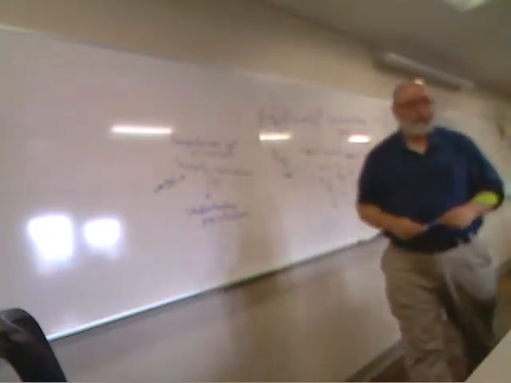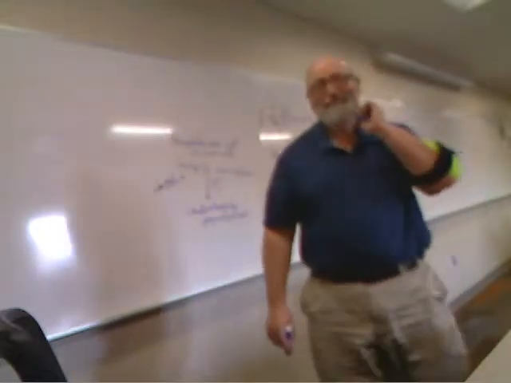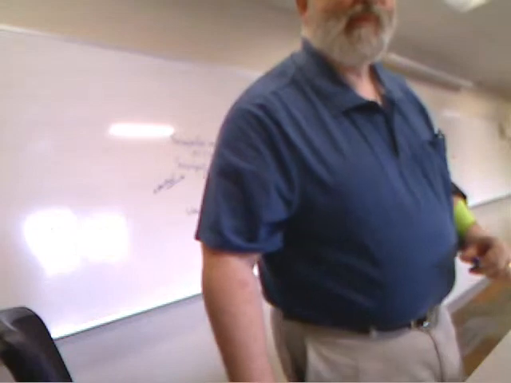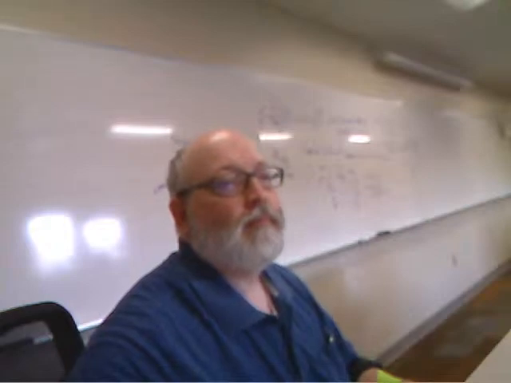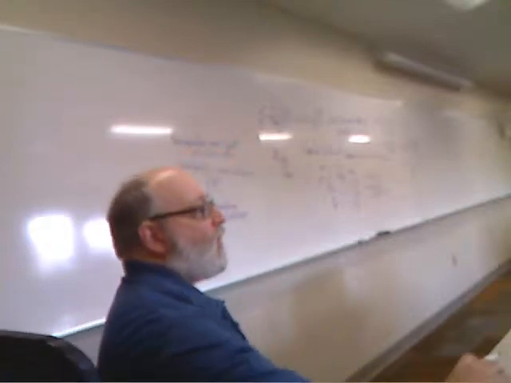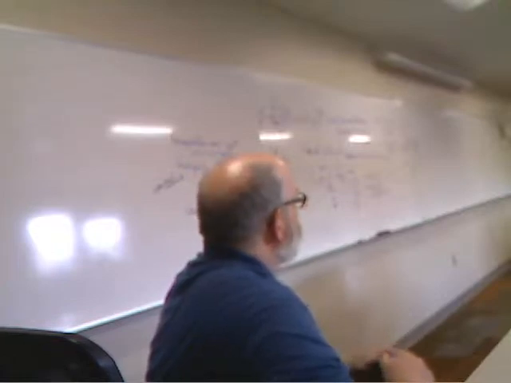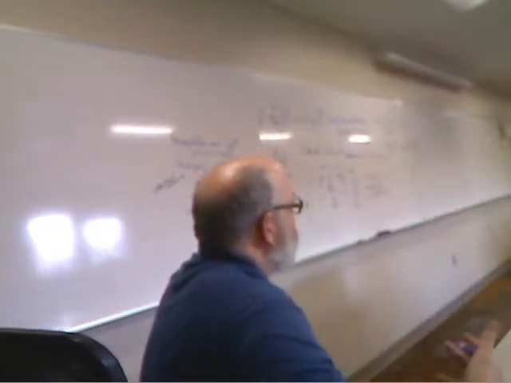What if it was 90%? That would be 10% divided by 2, which is 0.05. So I want to find the z-score that corresponds with alpha over 2, which is 0.05.